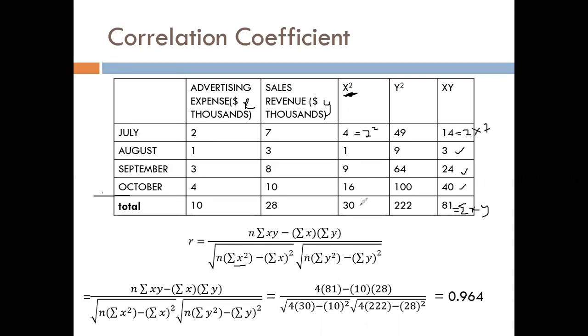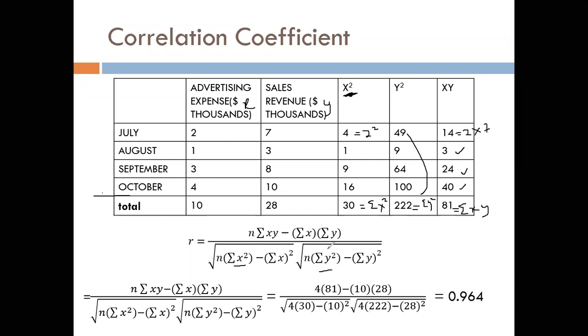Then you sum everything to give summation x squared. Then also we have y squared in this formula. So you square y: 7 squared is 49, 3 squared is 9, 8 squared is 64, 10 squared is 100. Then you sum it up, and this is the summation of y squared.